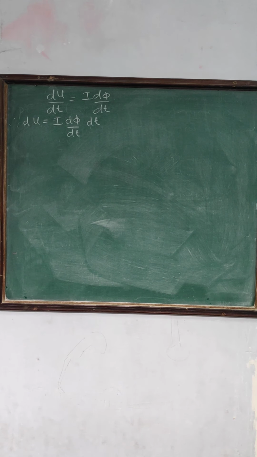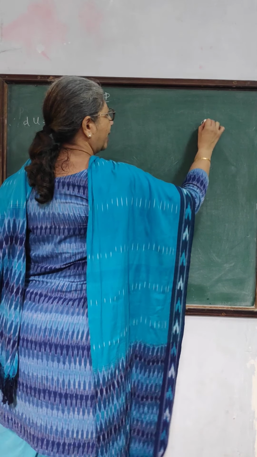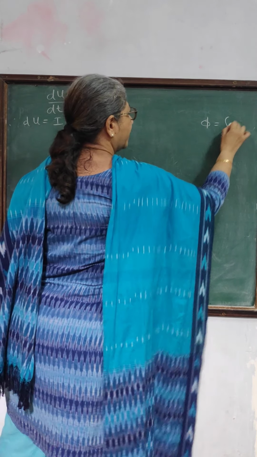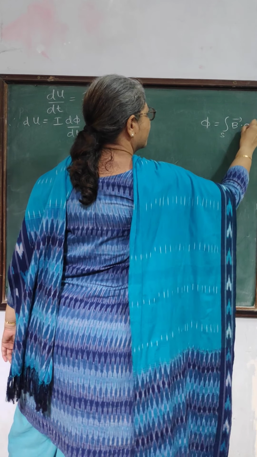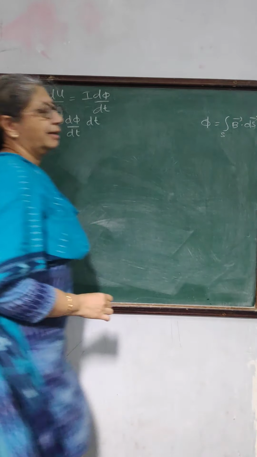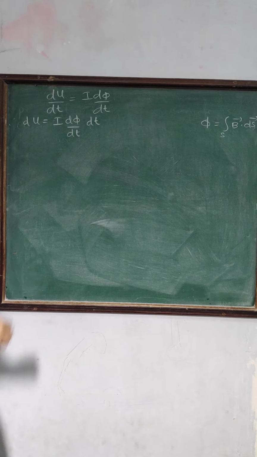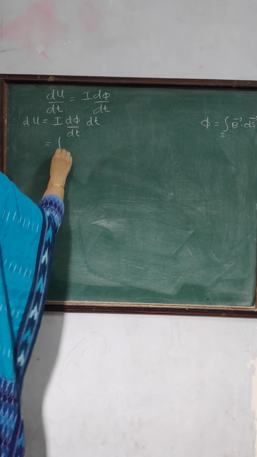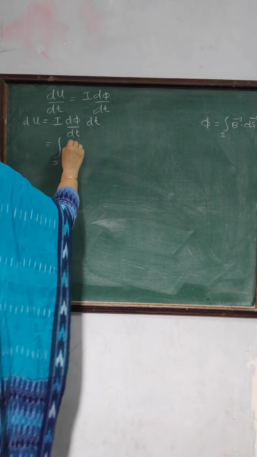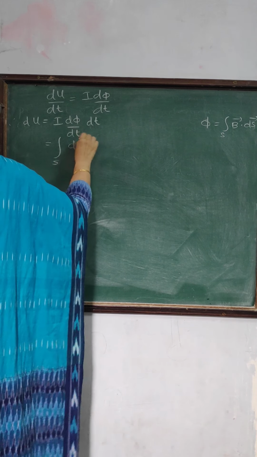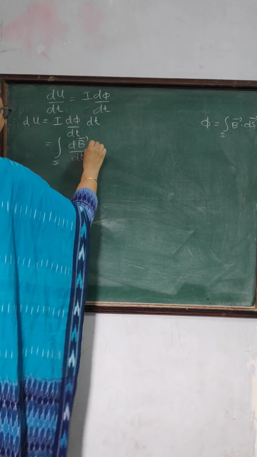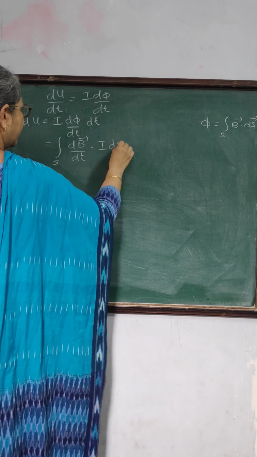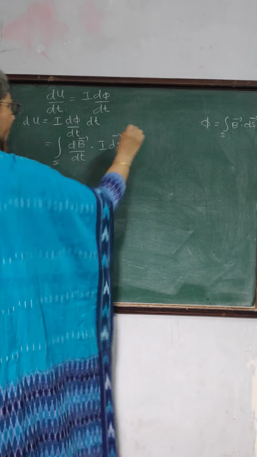Now we will make use of the definition of the magnetic flux, which is the surface integral of B dot ds, where B is the magnetic flux density.